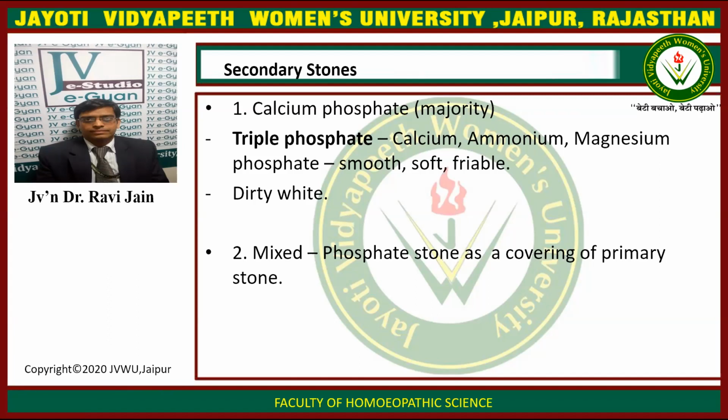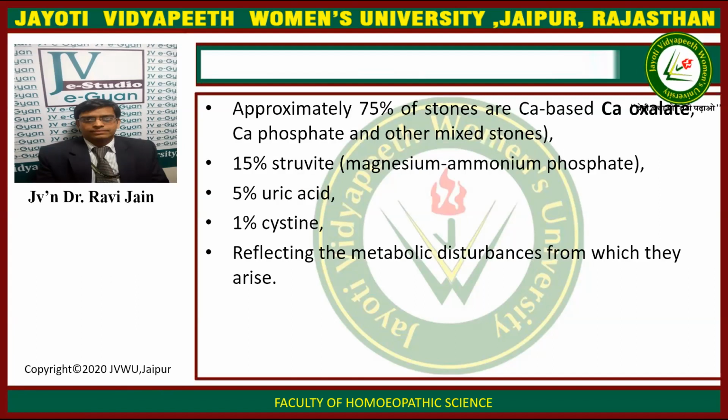The second variety is mixed character, that is, phosphate stone as a covering of primary stones. Mixed stones means we have a primary stone that has a covering of secondary stone. Approximately 75% of the stones are calcium oxalate stones. As I already told you, the most common stones are calcium oxalate stones, then calcium phosphate stones, and then the other mixed stones.